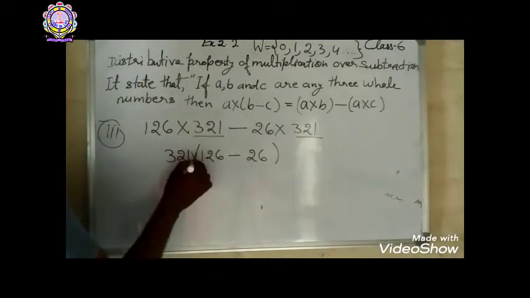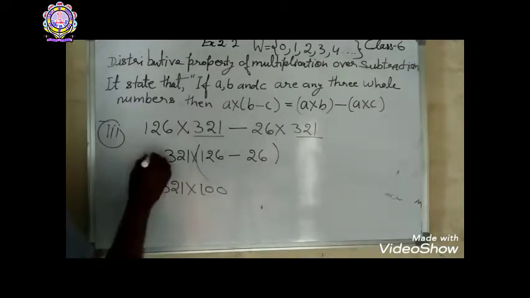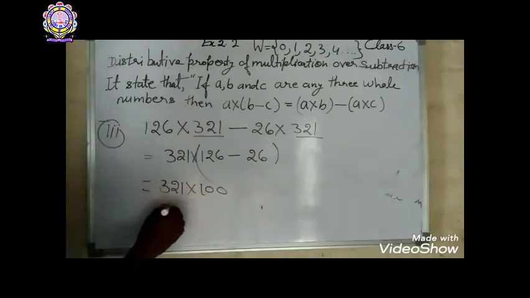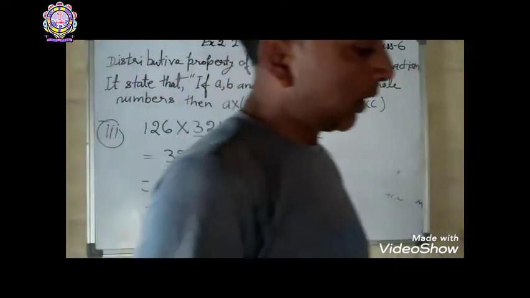So 321 into the subtracted value, you get 100, and now multiply it. You get 32,100. So this is question number 7, third part.